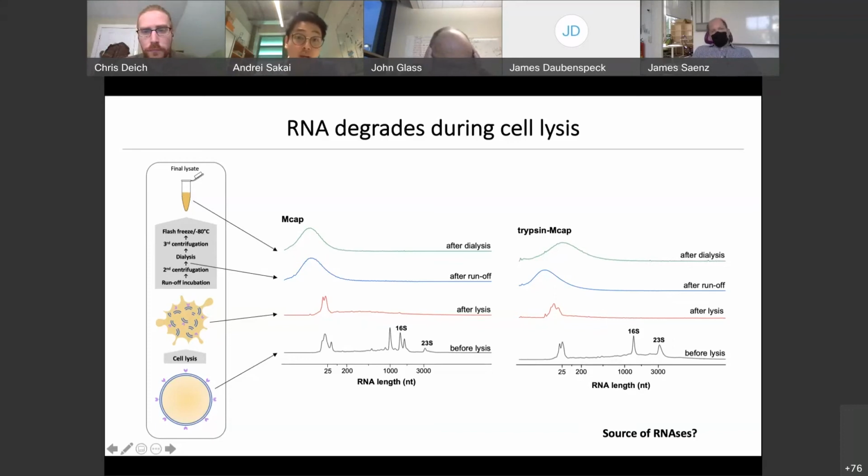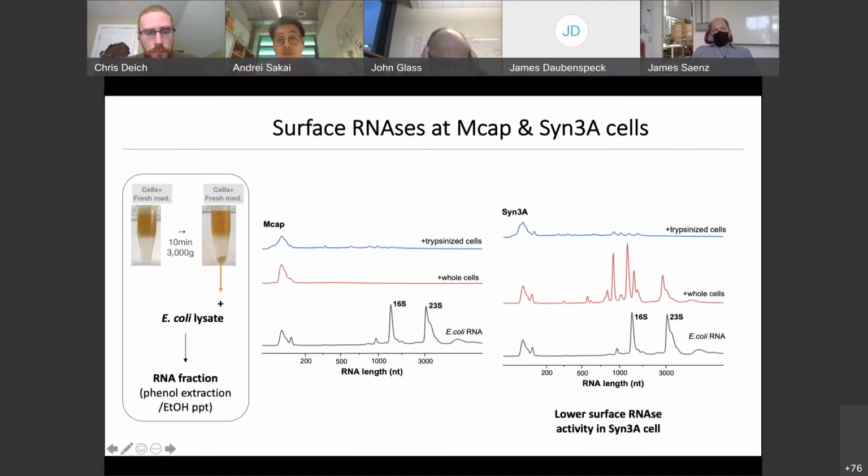Next, what we wanted to see is what is the source of this RNase activity? Does it really come from the surface of the cells? And then we developed this assay in which we tested the capacity of Mycoplasma capricolum and Syn3A cells to degrade exogenous RNA. For that, we just isolated the cells from Mycoplasma capricolum and Syn3A by a sucrose cushion, and we mixed them with E. coli lysate.